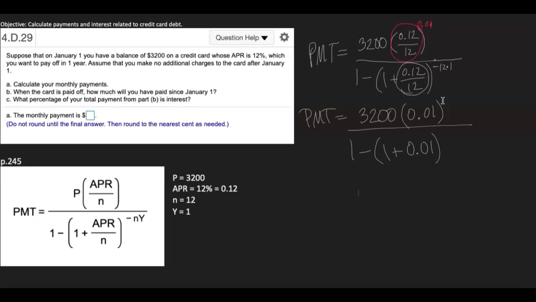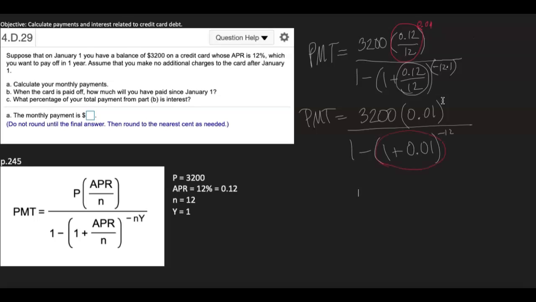Another thing I can go ahead and take care of, because it's kind of in a parentheses by itself, is this exponent. Negative 12 times 1 is negative 12. So that will be the exponent for that part of the expression. Up next, I still see that there's some things to do inside parentheses, and that would be this piece.